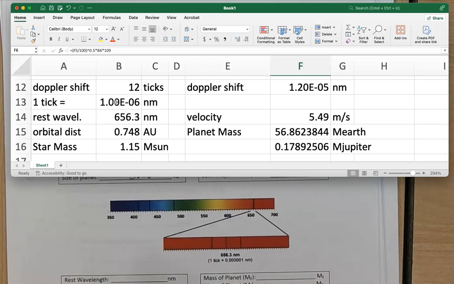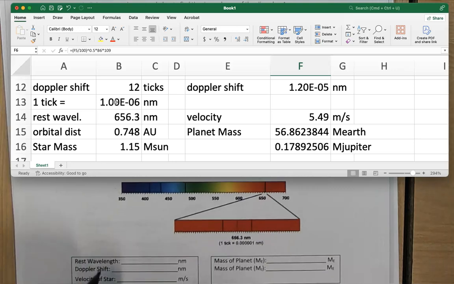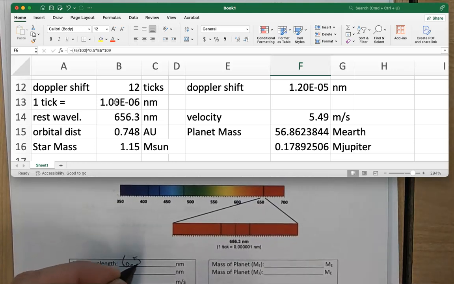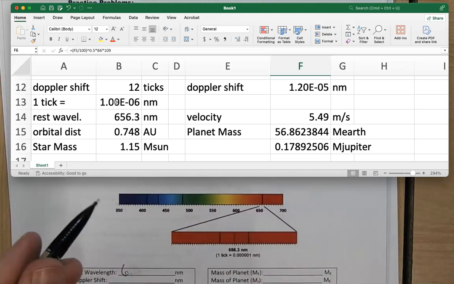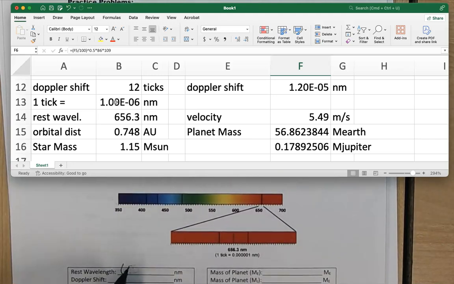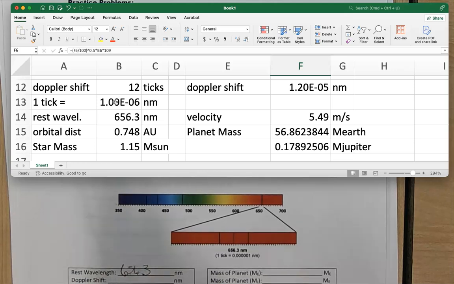Then the rest wavelength is 656.3 nanometers again. We're using that same hydrogen absorption line. What's the Doppler shift?